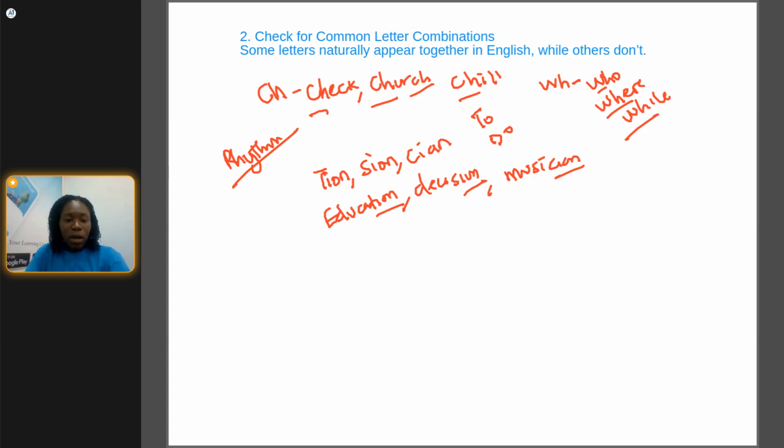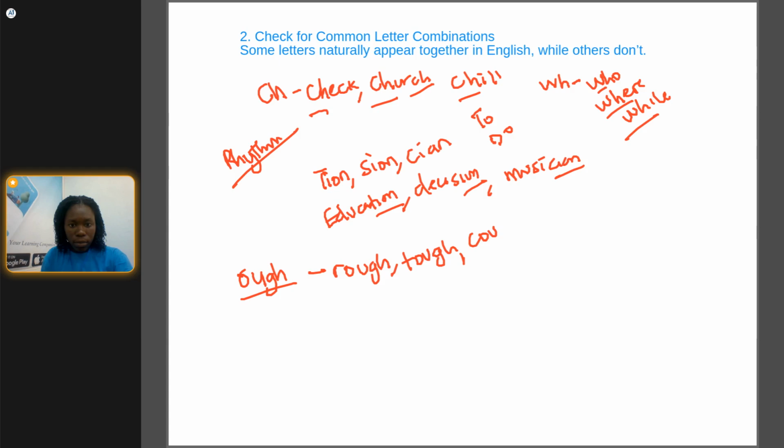Now, there are some letter combinations like OUGH. Sometimes this may look like, okay, what's going on here? But you can find words like rough, tough, cough, enough.